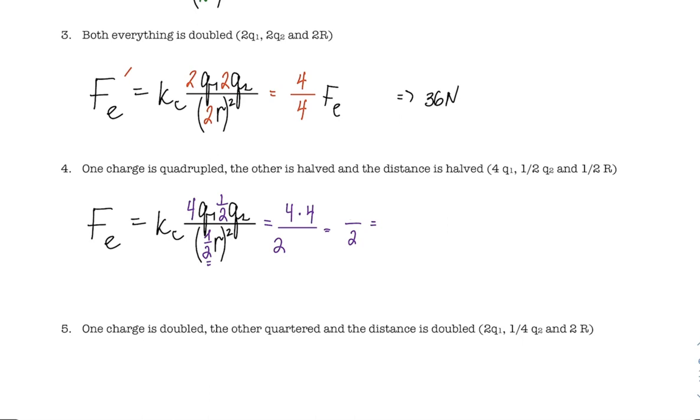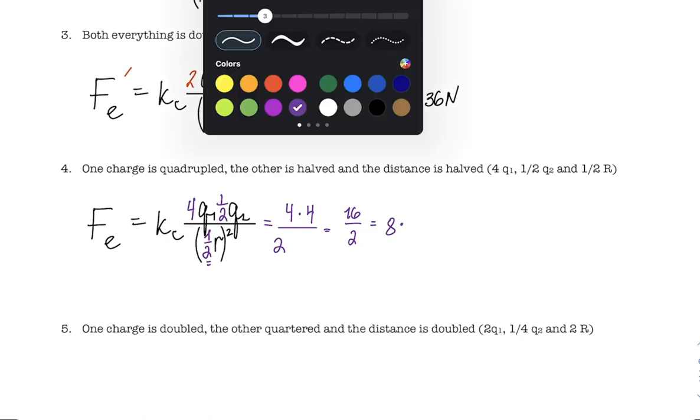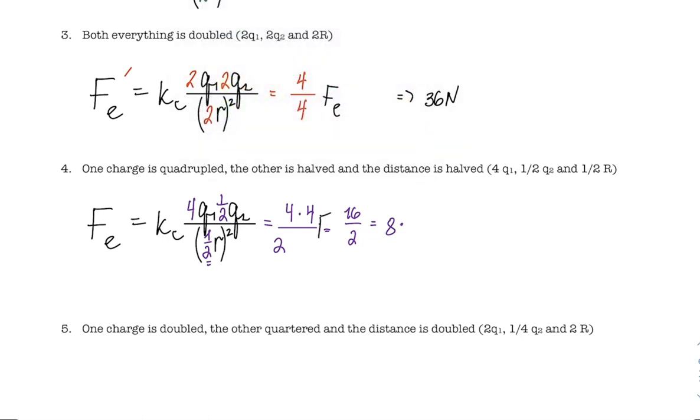I'm thinking of the answer already. 16 over 2, so it's going to be 8 times Fe. So that's 8 times 36, which is 240 plus 48, so 288 newtons.